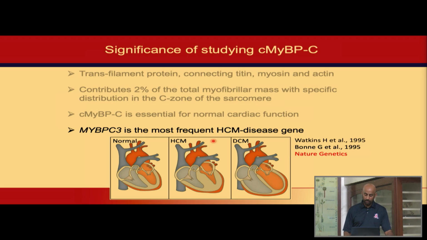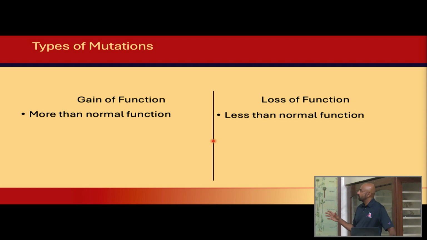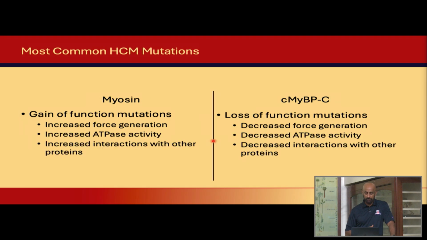Okay, so again we talked about two different mechanisms of mutations. One is gain of function, another one is loss of function. Gain of function means more than normal function, loss of function is less than normal function. So pretty much these are the two major examples. In myosin heavy chain, predominantly most of the mutations result in gain of function.